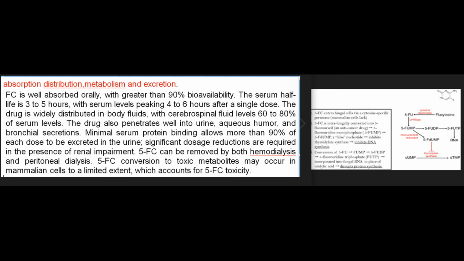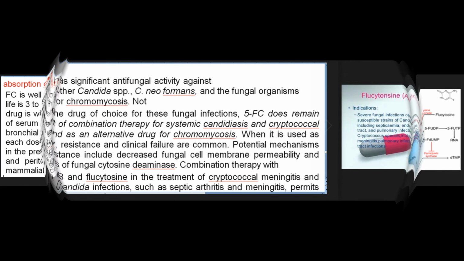Minimal serum protein binding allows more than 90% of each dose to be excreted in the urine. Significant dosage reductions are required in the presence of renal impairment. 5-FC can be removed by both hemodialysis and peritoneal dialysis. 5-FC conversion to toxic metabolites may occur in mammalian cells to a limited extent, which accounts for 5-FC toxicity.